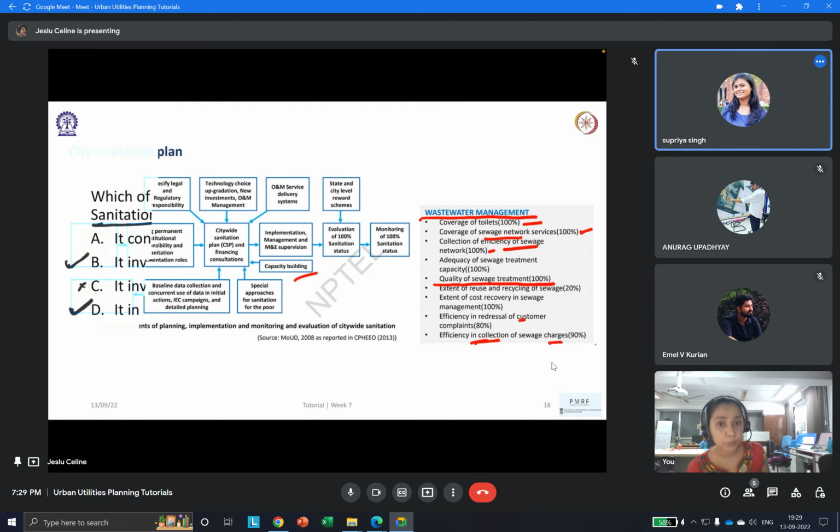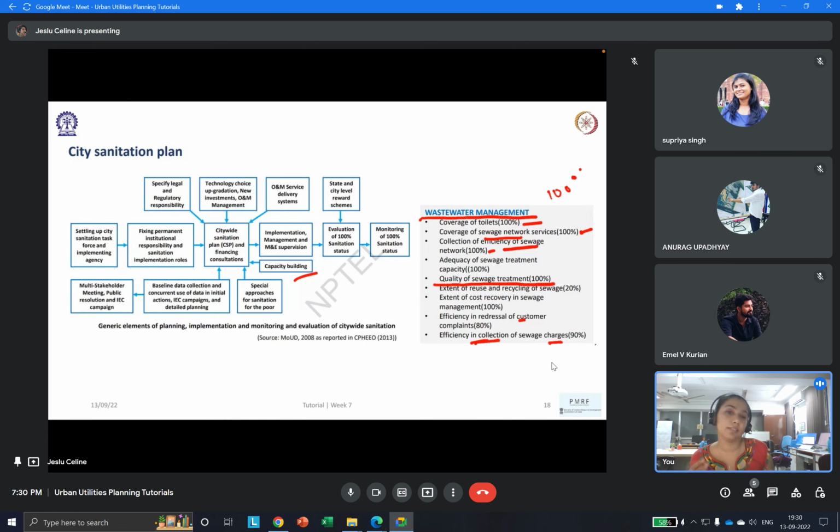Yes, we can say so. As Anurag was saying, your logic was okay, it makes sense, that maybe 100% is not required. But as per a city sanitation plan, we are aiming at 100%. The fact is, we have not been able to achieve it. That fact is true. But our aim, or the plan or report being forwarded, aims at getting 100% sanitation.